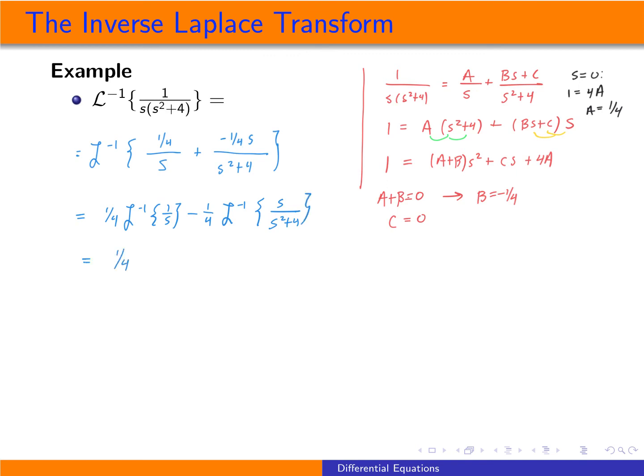The first inverse Laplace transform, note, is just equal to 1. And the second one is the cosine of at formula, where a is equal to 2. So this would be minus 1/4 cosine of 2t.